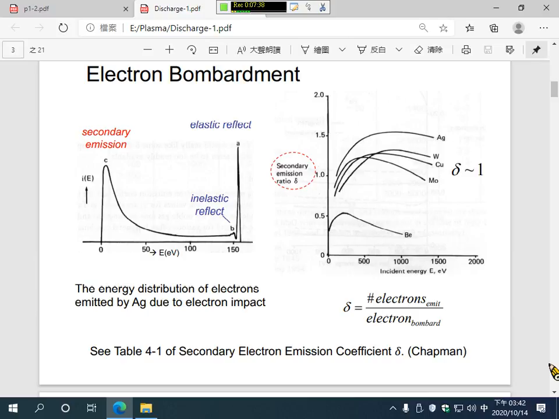In this case, if you use an electron beam with the average energy of electrons a little bit higher than 150 volts, for example, an electron beam with 160 volt accelerating voltage, you can run this kind of experiment in a scanning electron microscope.